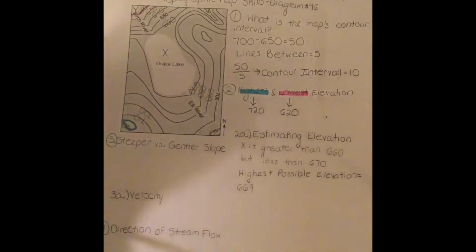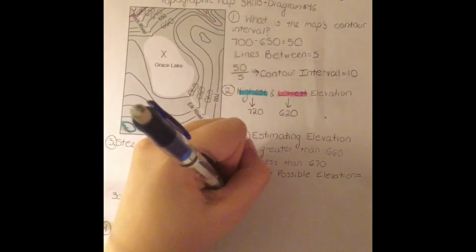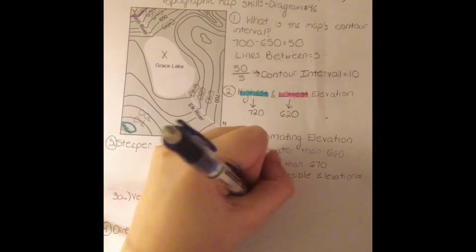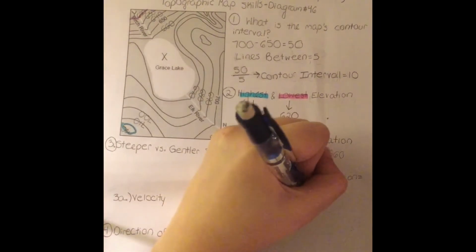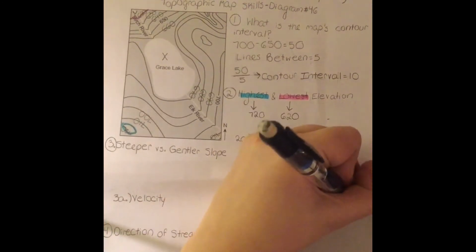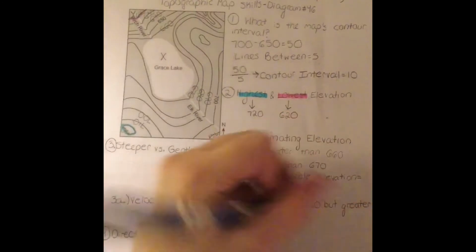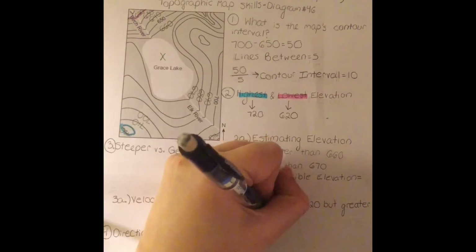And then what do we know about Y? Well, here, because it's further up than 620, we know it is less than 620, but it has to be greater than 610 because there is no 610 contour line here. So we know Y is less than 620, but greater than 610.